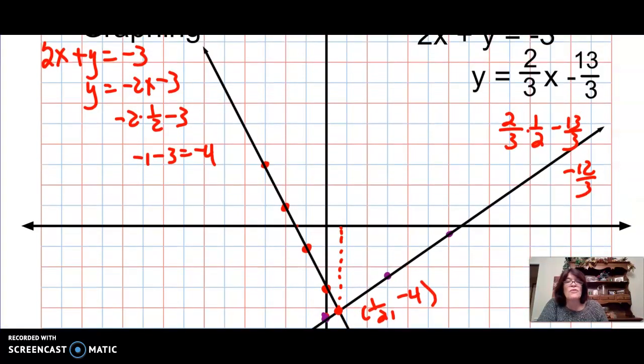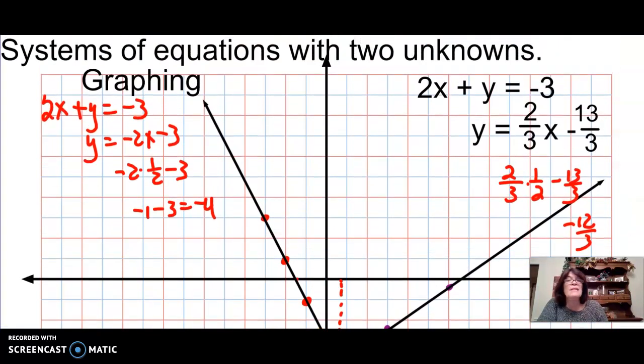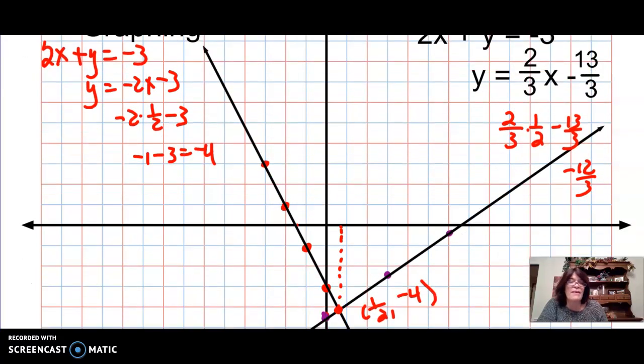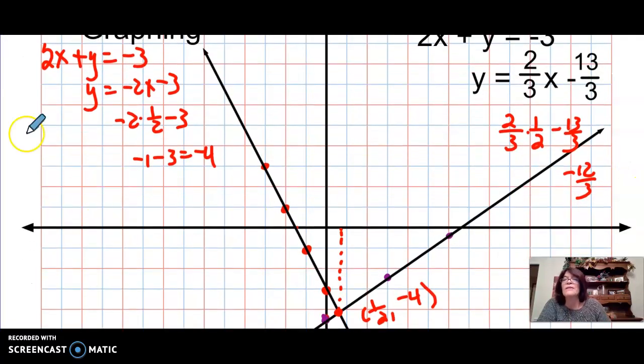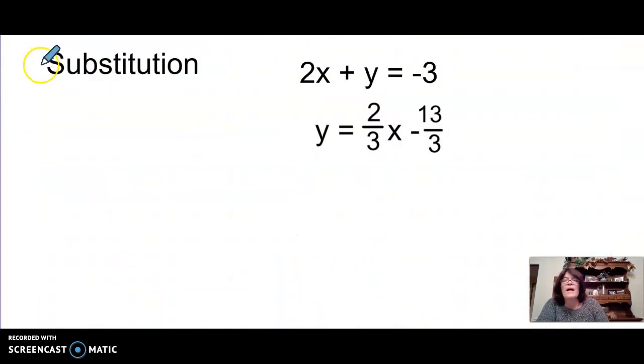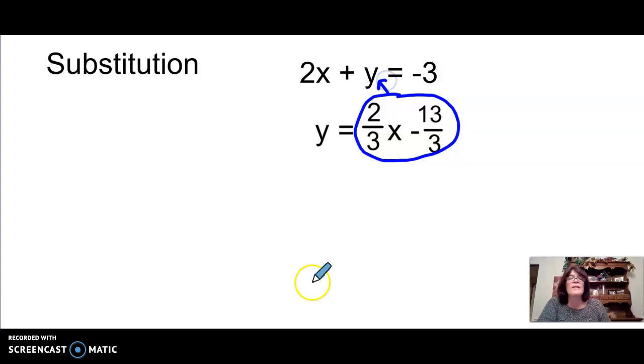What I'm trying to show you is that graphing has its limitations. First of all, we have to have a sheet of graph paper all ready to go. And second of all, sometimes those fractions are hard to see. Another way we can do this is something called substitution. You take what y equals and you put it in for y in the opposite equation.